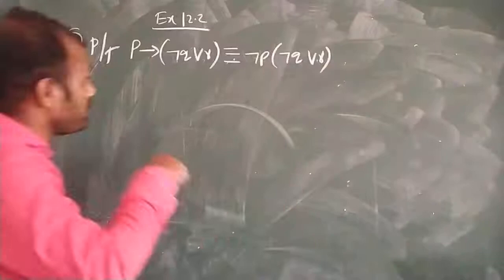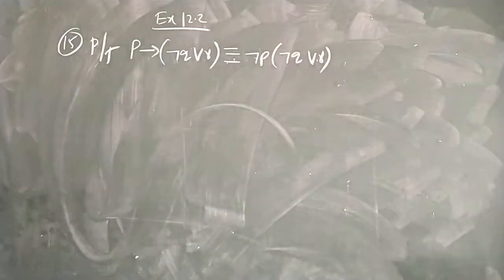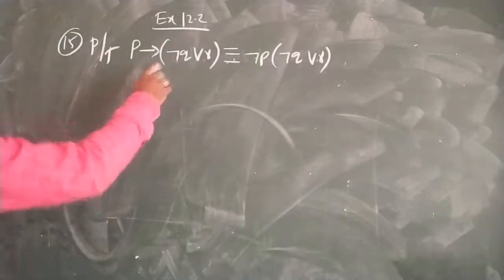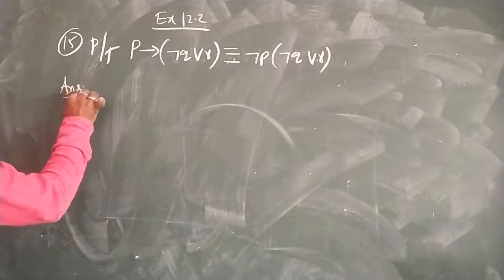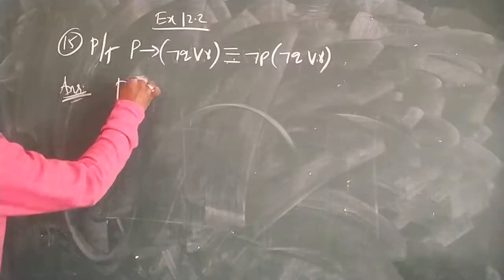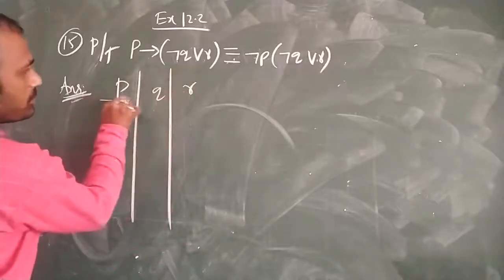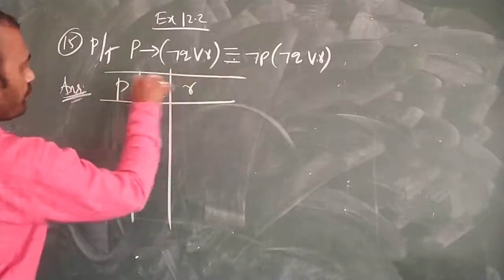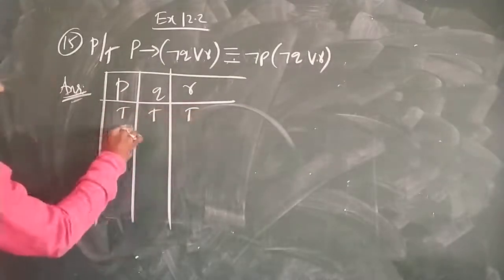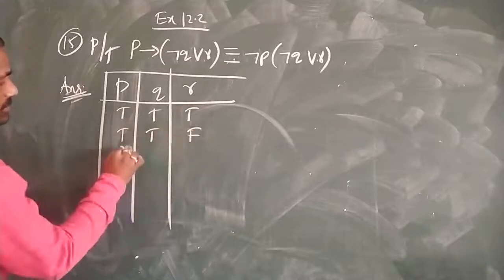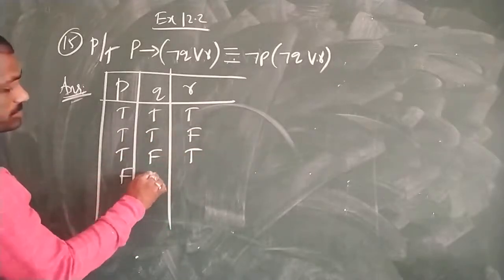So here, how many variables can you see? P, Q, R. Totally we have 3 variables. So totally we are going to get 8 rows. So let us start doing the answer. So P, Q, and R. Since there are 3 variables, we are going to get totally 8 rows. True, true, true, true, true, false, true, false, true, false, true, true.